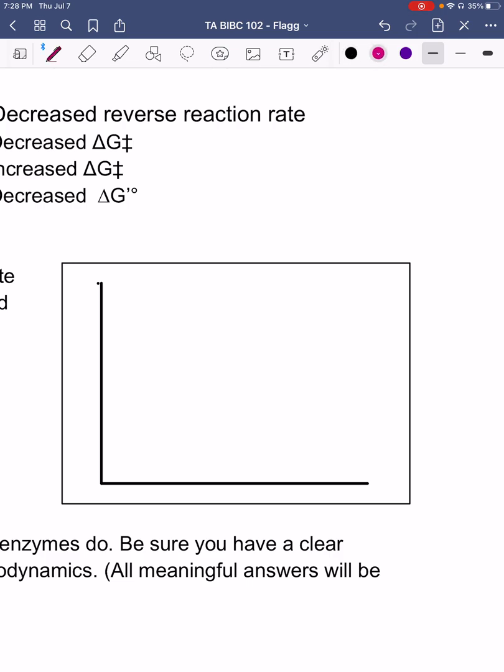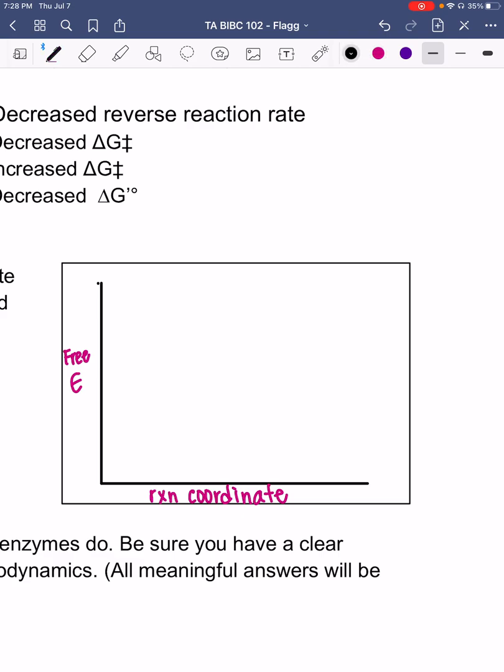Our x-axis will be the reaction coordinate, meaning the path or progression of the reaction, and our y-axis is going to be free energy. We can say free E.